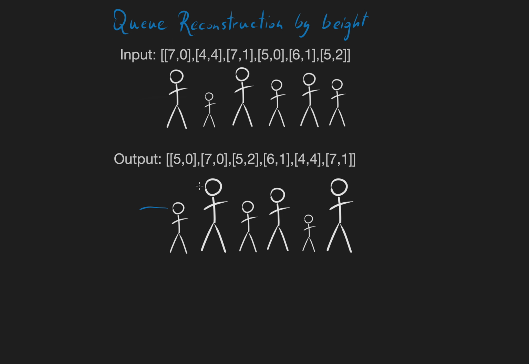The 7 feet guy doesn't see anyone that is the same height or higher than he is. The 5 feet sees 2 people, and so on. 6, 1, 4, 1 sees everyone else, and the 7 feet guy just sees another one that is 7 feet tall. Cool. So how to solve this?